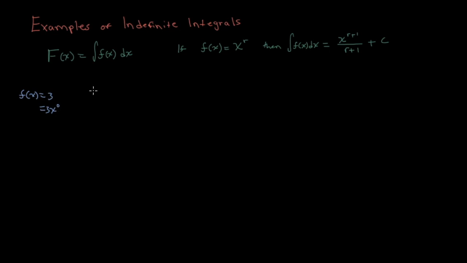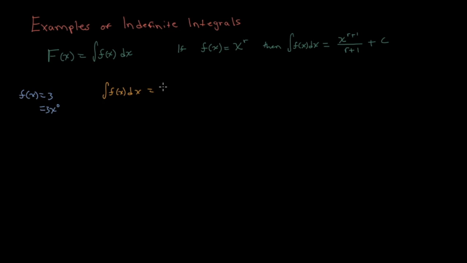So the integral of f at x dx, we would just use this format. Remember, it takes this form: x to the power of something, and then times some coefficient.